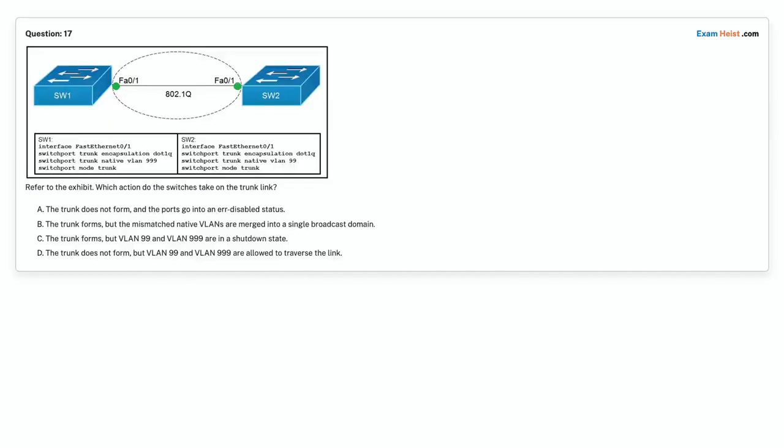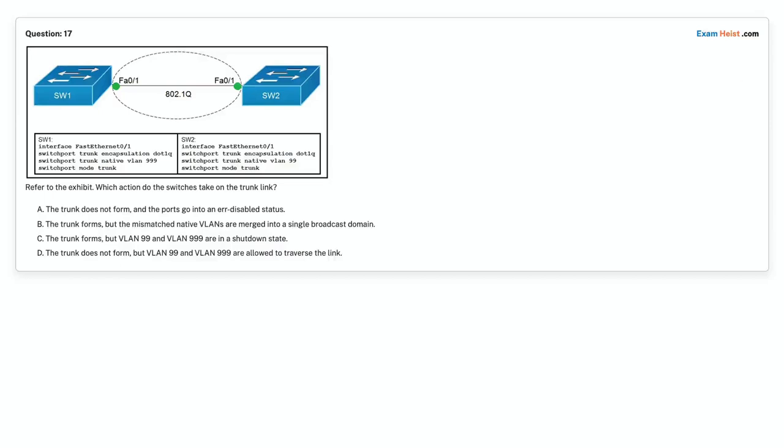Question 17. Refer to the exhibit. Which action do the switches take on the trunk link? Option A. The trunk does not form, and the ports go into an error-disabled status. Option B. The trunk forms, but the mismatched native VLANs are merged into a single broadcast domain.